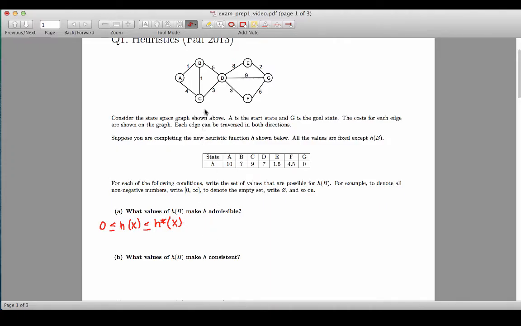And h star of b is the cost from state b up here to the goal. And we can see that the shortest path from b to the goal is 12, which is the path from b to c to d to f to g. So therefore, h of b must be less than or equal to 12 and greater than or equal to 0.